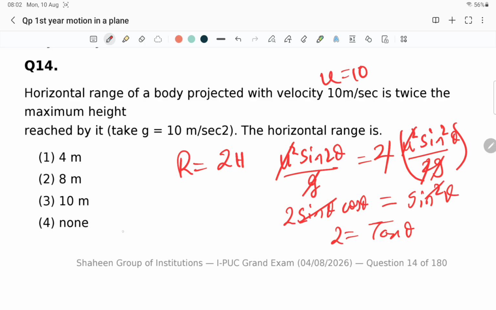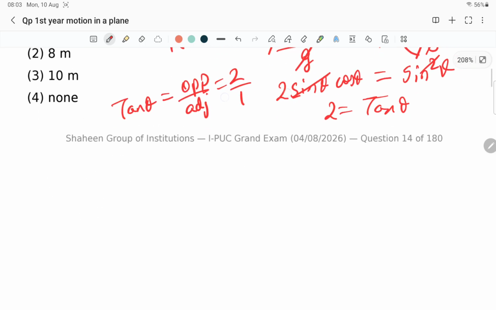So tan theta is opposite by adjacent. So we have got 2 by 1, isn't it? So opposite and adjacent we got for a triangle. For theta, opposite is 2, adjacent is 1. Hypotenuse we need to find.